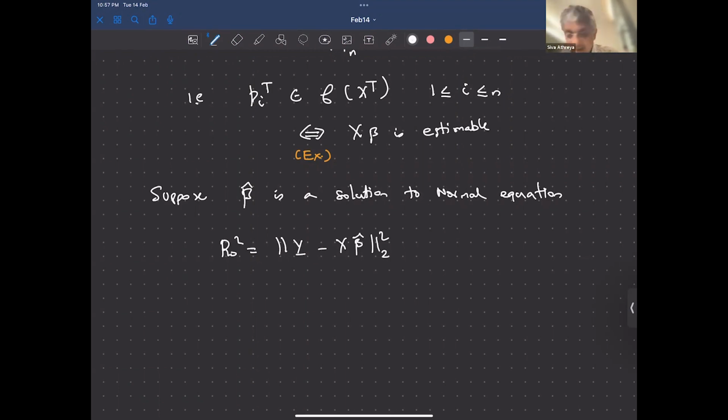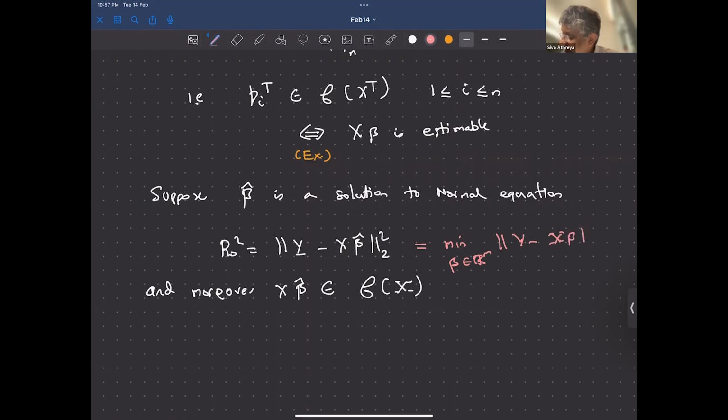You also know X beta hat is just a linear combination of the columns of X. Moreover, X beta hat belongs to the column space of X. And this is the same as the minimum over all possible beta in R^m of the norm of y minus X beta, squared.